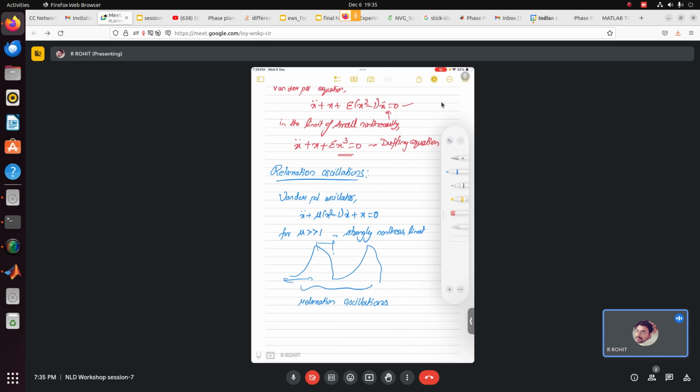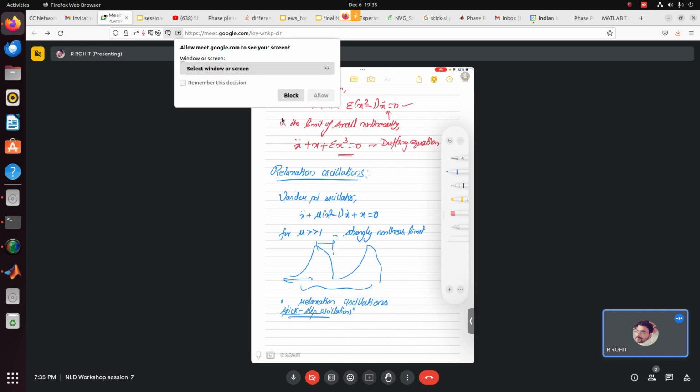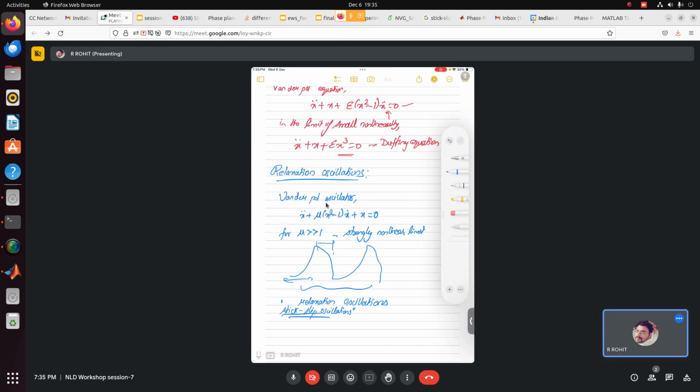I will show you one of them, which we call stick slip oscillations. In stick slip oscillations, you will observe that there is a smooth, slow build-up and a rapid coming back of the system. I will show you how the stick slip oscillations are seen. Let me share the screen once again.